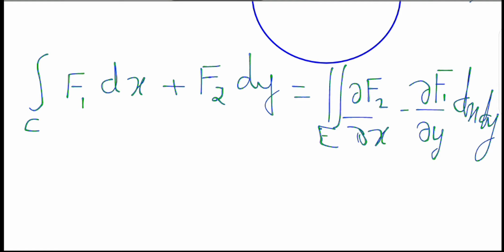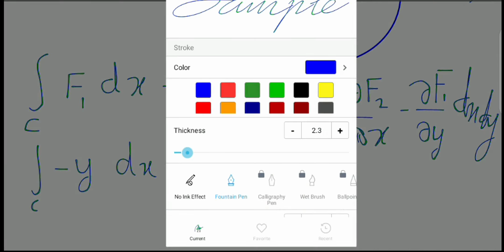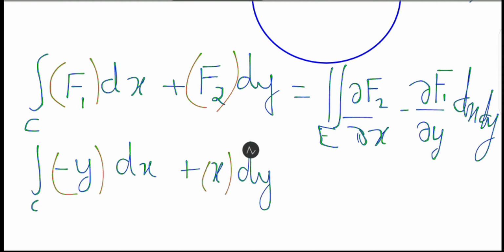Now let's compare this with the given question: the integral of minus y dx plus x dy. We want to verify Green's theorem. In Green's theorem we have f1 dx plus f2 dy, and in our equation we have minus y dx plus x dy. So what should be our f1 and f2?